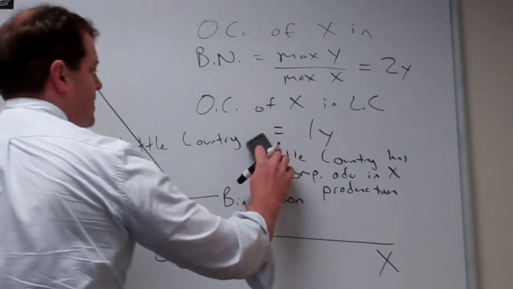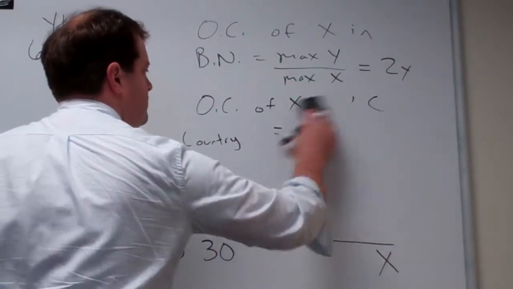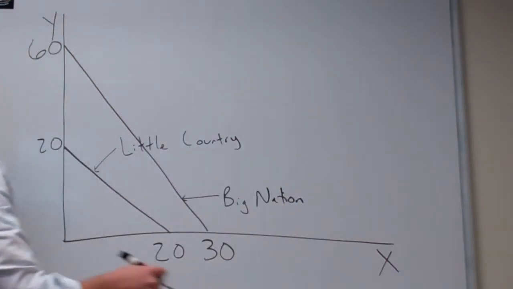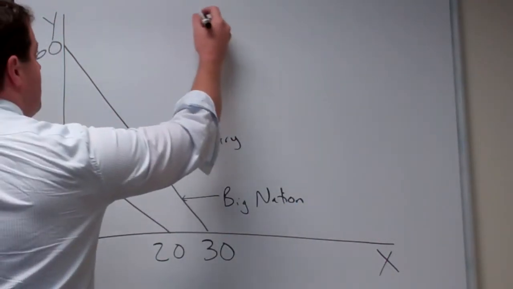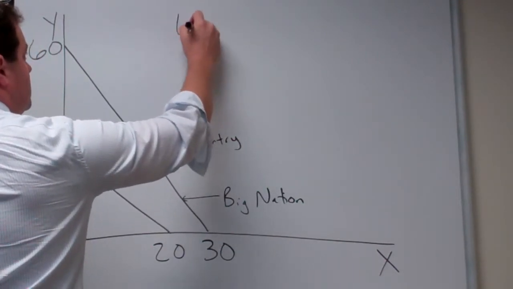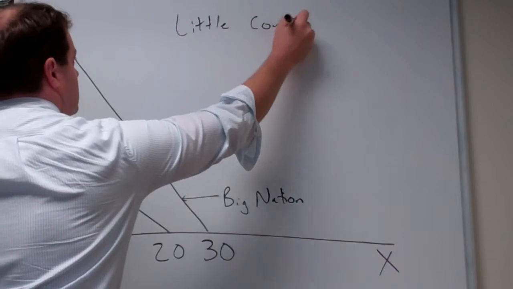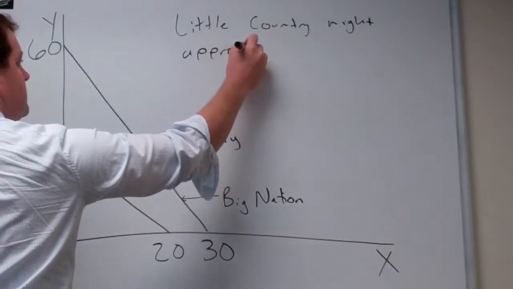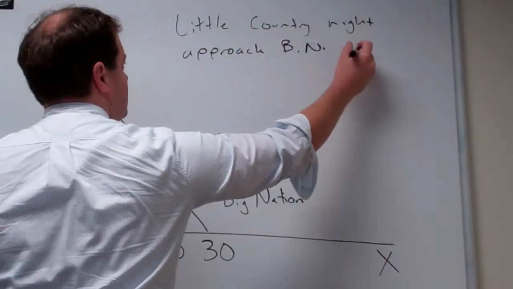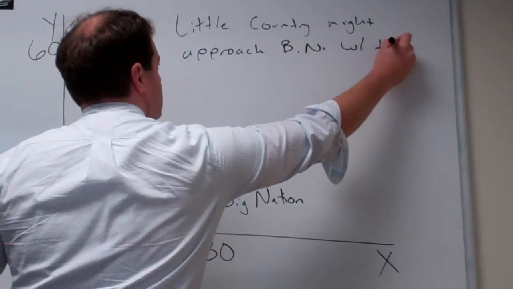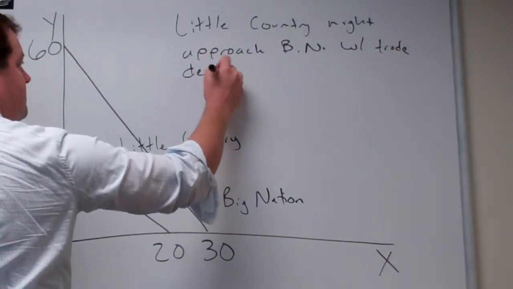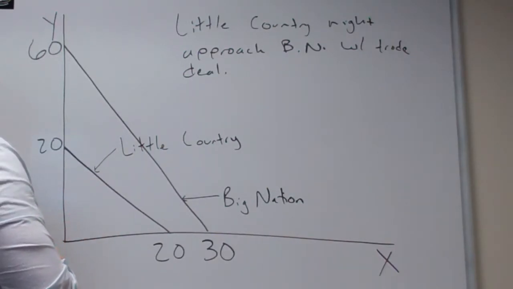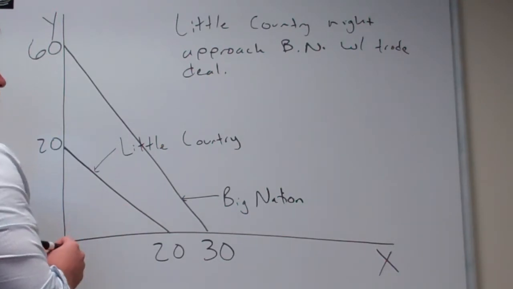So now we're going to take that information and think about what these economies might do when they start to trade with each other. So little country might approach big nation with a trade deal, right? Little country says, we're really good at producing X, you're really good at producing Y, let's trade and we can make each other better off.